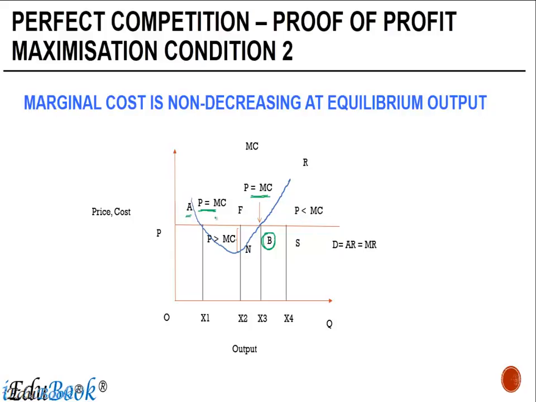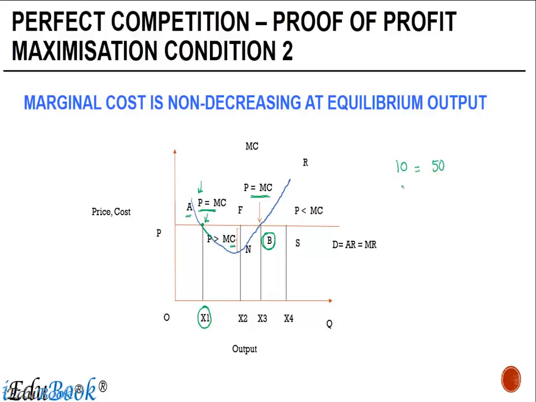Now think, if you were a producer, okay, you are at an output of X1, right? Here your price is equal to the marginal cost, but for every additional unit that you are producing, your marginal cost is actually less than price. Which means, suppose here if you were producing 10 units and making a profit of 50, right?